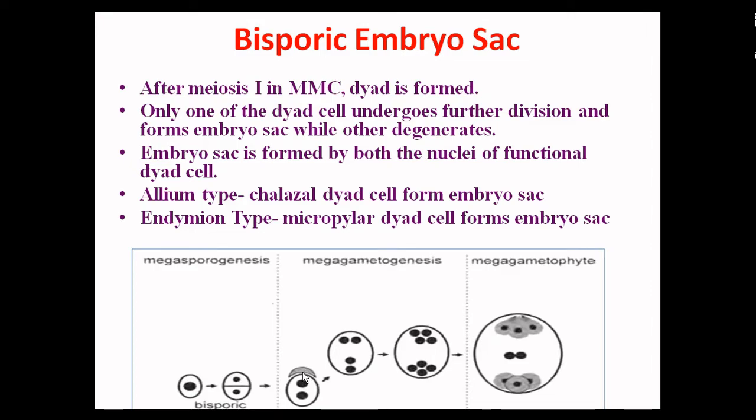After meiosis 2, the functional dyad cell has 2 nuclei. These 2 nuclei undergo mitosis to produce the embryo sac. This bisporic embryo sac is again of two types, Allium type and Endymion type. In Allium type, the chalazal dyad cell forms the embryo sac, while in Endymion type, the micropylar dyad cell forms the embryo sac.